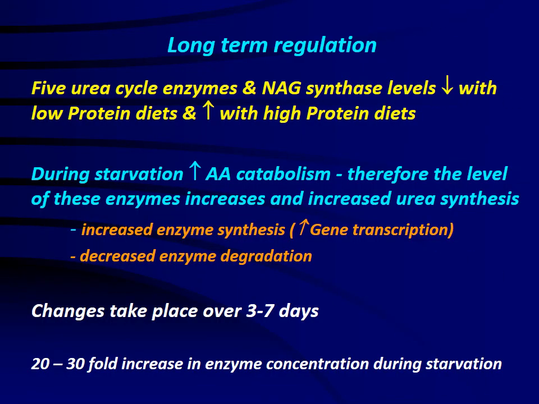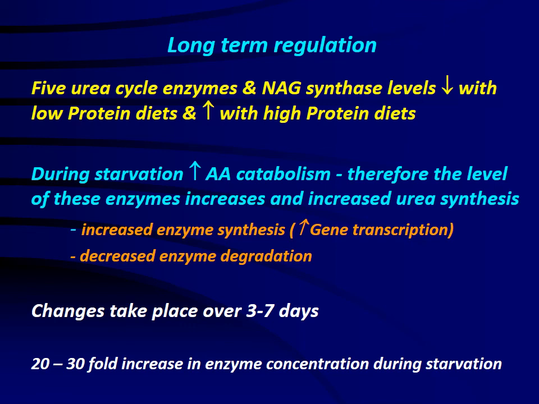Long-term regulation of the urea cycle. The 5 urea cycle enzymes and N-acetyl glutamate synthase levels decrease with low protein diets and increase with high protein diets. During starvation, there is increased amino acid catabolism. Therefore, the level of these enzymes increases, with increased urea synthesis.